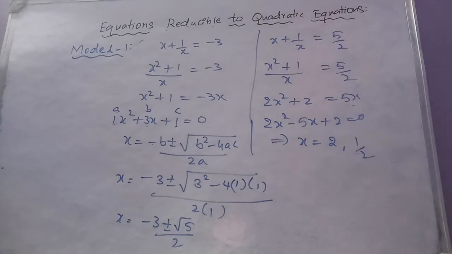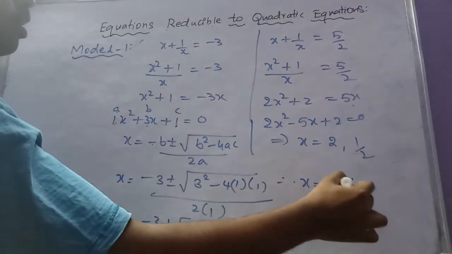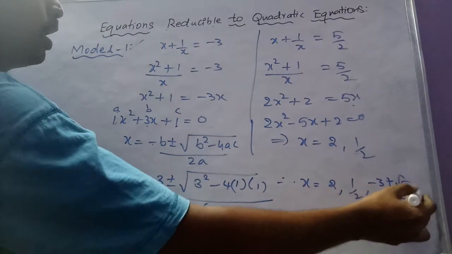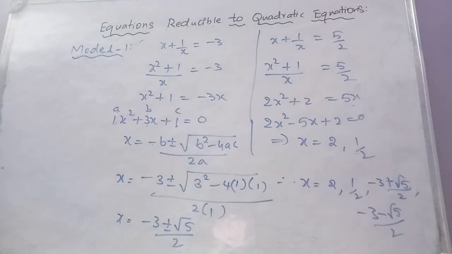So therefore there are totally 4 solutions of this biquadratic equation. So what are the 4 solutions? Therefore the 4 solutions are x is equal to 2, 1 by 2, and then minus 3 plus root 5 by 2, and then minus 3 minus root 5 by 2. So we have found the 4 roots of the required biquadratic equation.